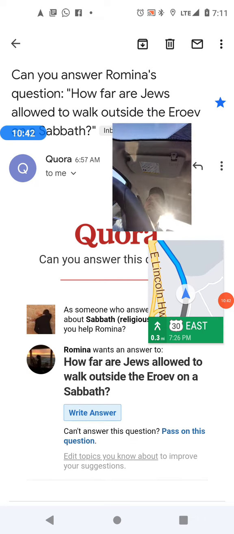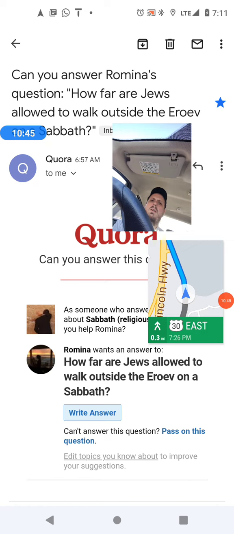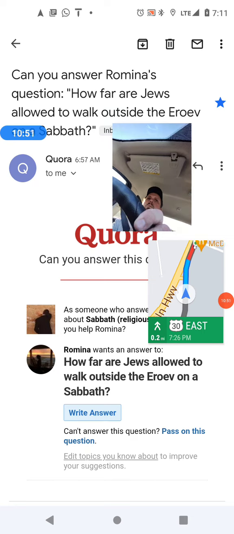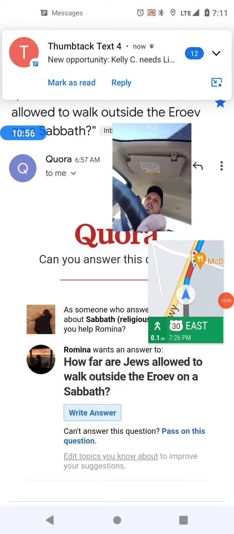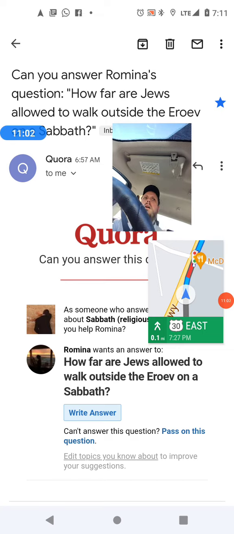Let's say there's less than, I forgot exactly, I believe it's 70 cubits from one home to the next. Any place where from one home to the next is less than 70 cubits, so we're talking about 100 feet from one house to the other, that is called a city, an ir. Once you have an area where it's more than 70 cubits from one house to the next, that is the end of that city.